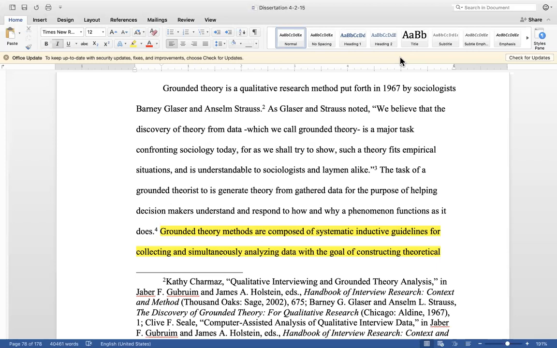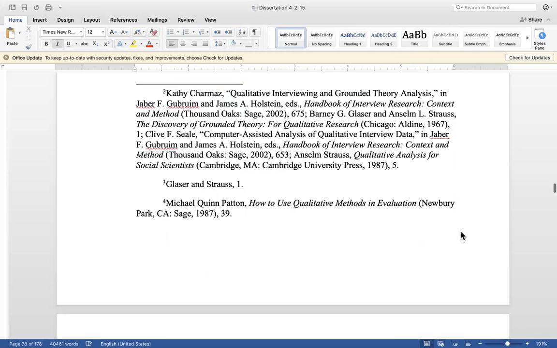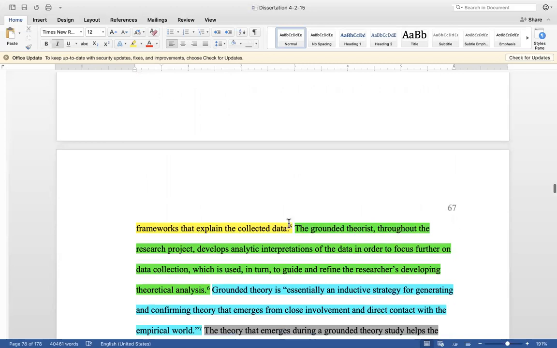Sometimes students get a little confused as to what they should do if they get an idea from a book or a journal article and they write the idea, and it happens that in their paragraph the idea starts on this page, but then it carries over into the next page as this idea did. We see here that there's a little number 5 there, so this means that this is a superscript number.